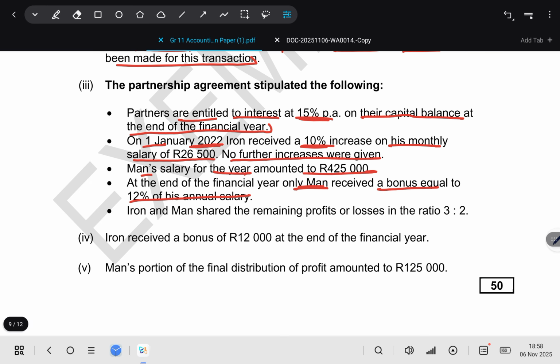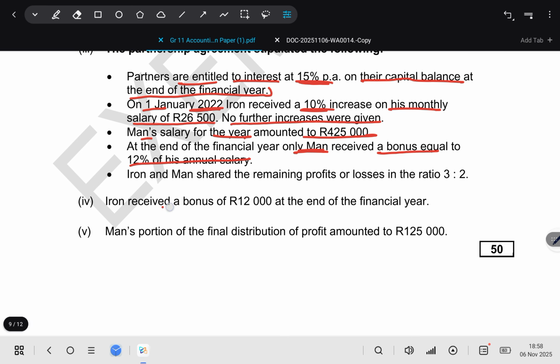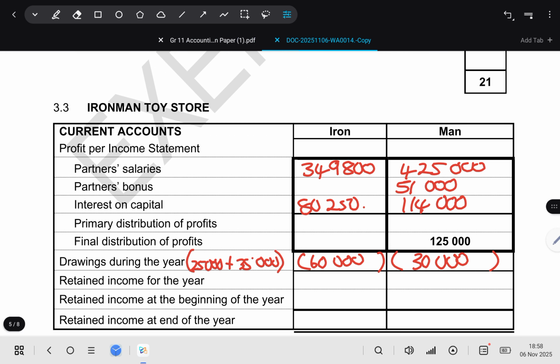And then after this, they are saying that Ion received a bonus of 12,000 at the end of the financial year. So for Ion, we are going to give him a bonus of 12,000.